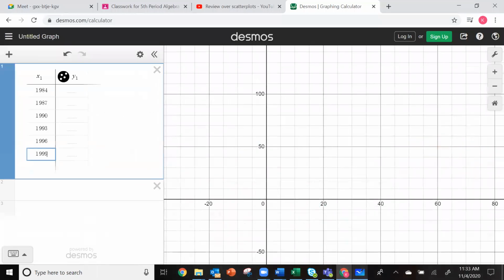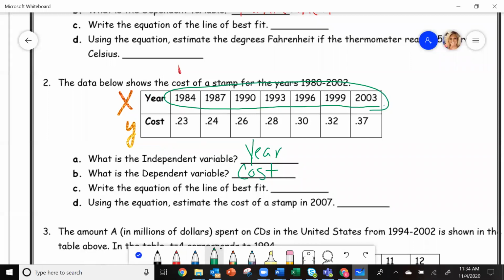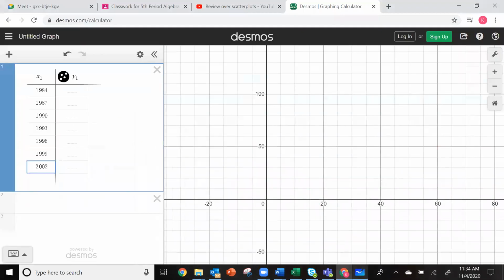So that's what it's naturally doing. Otherwise, you can just override it. Okay, so 2002, no. Let's see here. The last one said 2003, so I have to fix that. Go over here and put 2003.